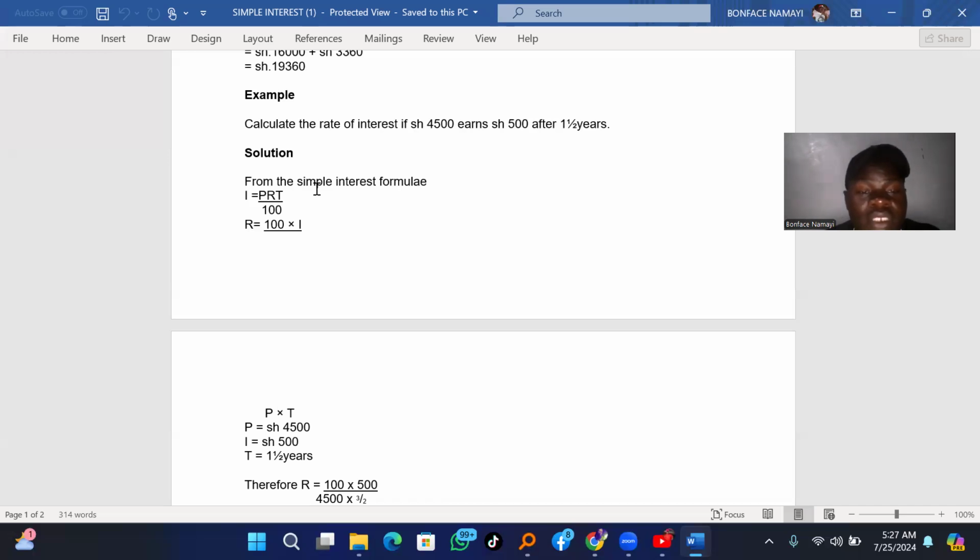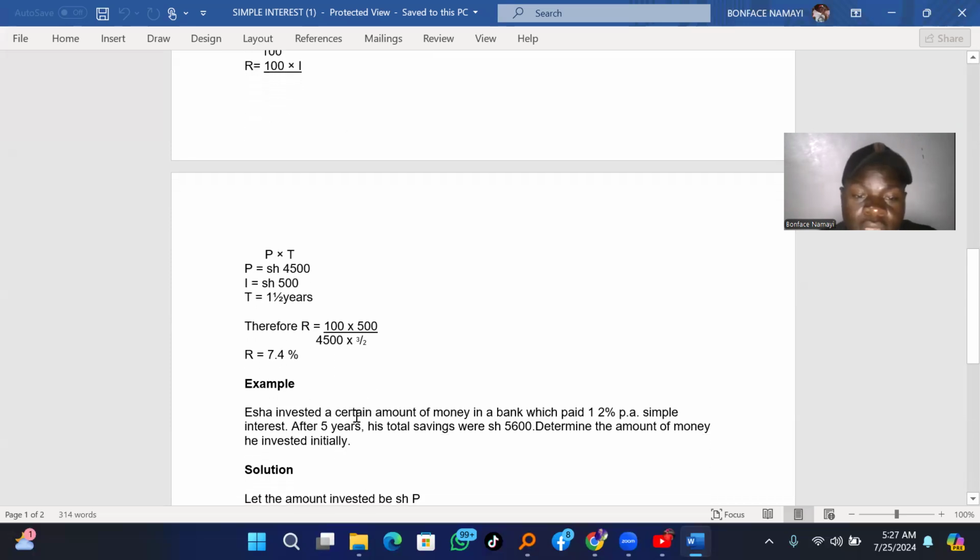Dividing both sides by PT, on this side P will cancel P and T will cancel T, where we remain with R. R is going to be 100 times I all over P times T. Then we replace the values that we've been given, and we end up with a rate of 7.4%.